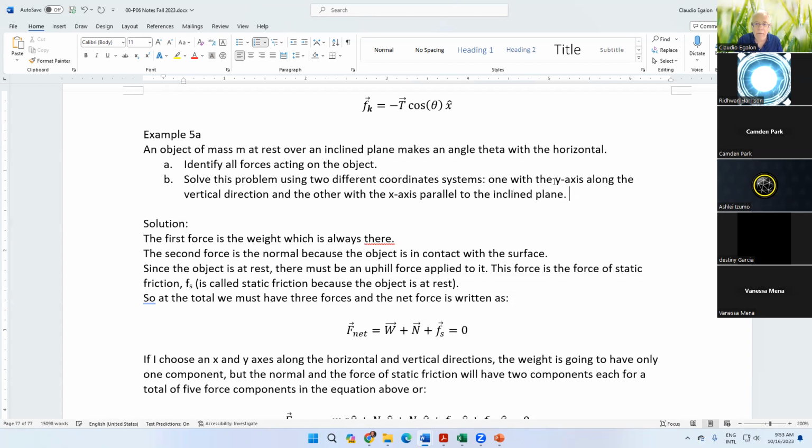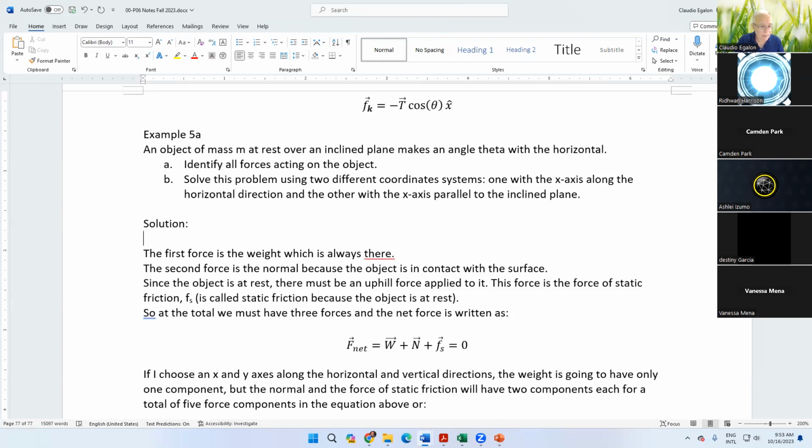Better this way, right? Okay, so here you go. Item A, right?